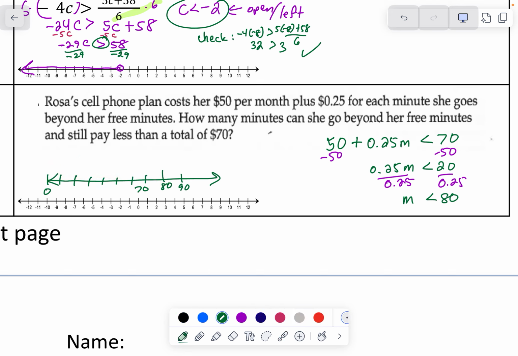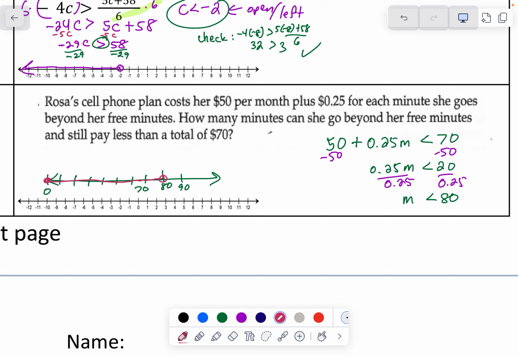But in real life, would she have negative minutes that she would use? No. So for a more accurate solution, I think we should stop at 0, because 0 minutes would be more realistic.